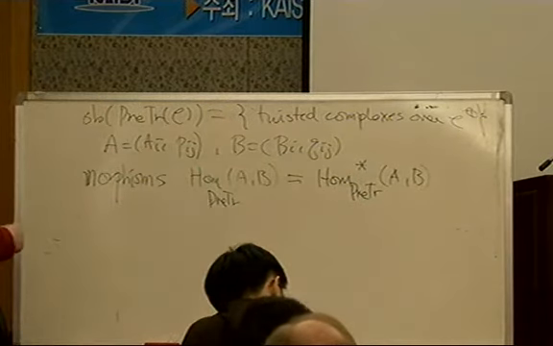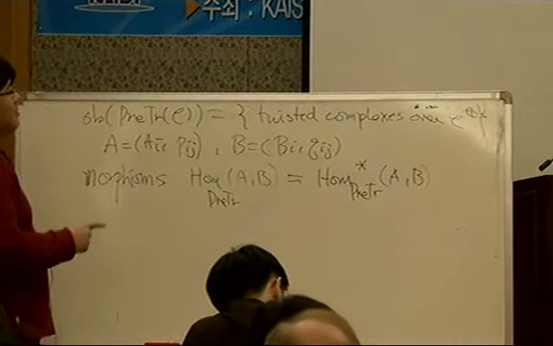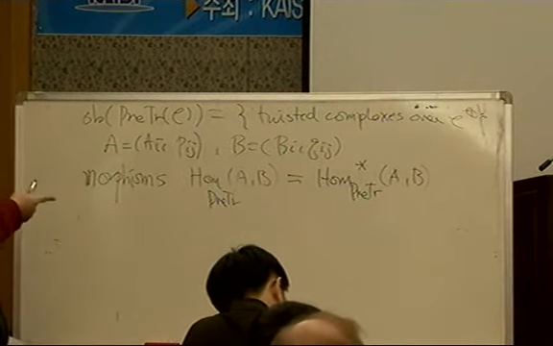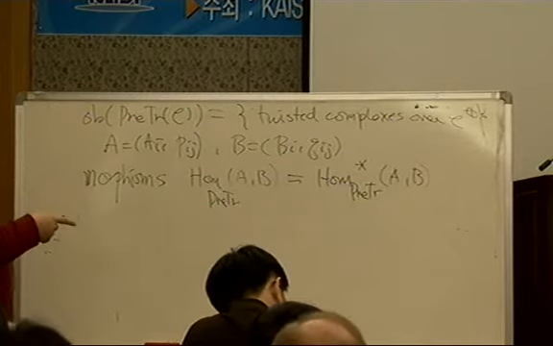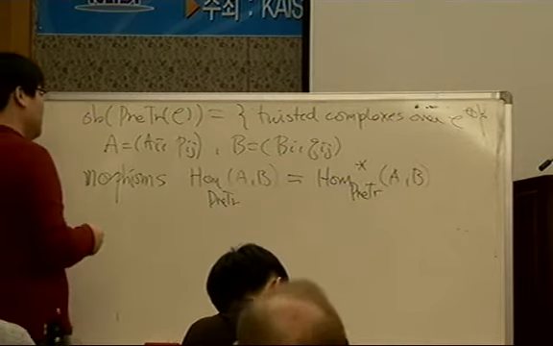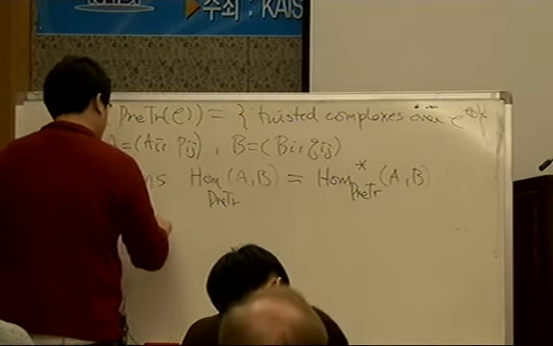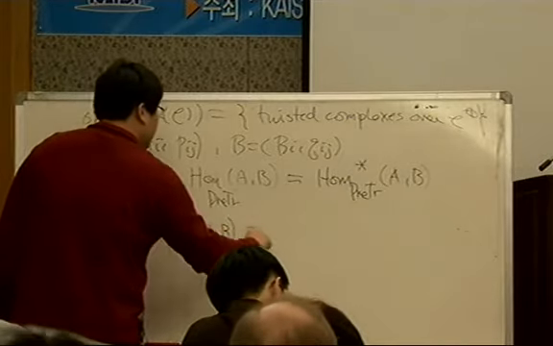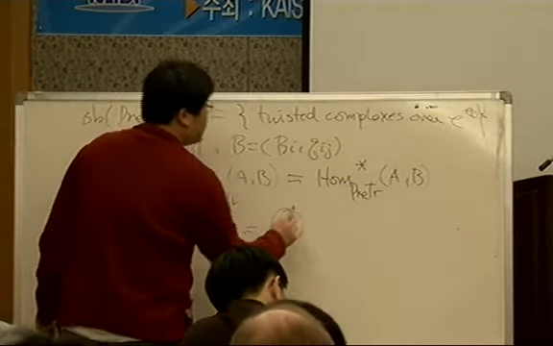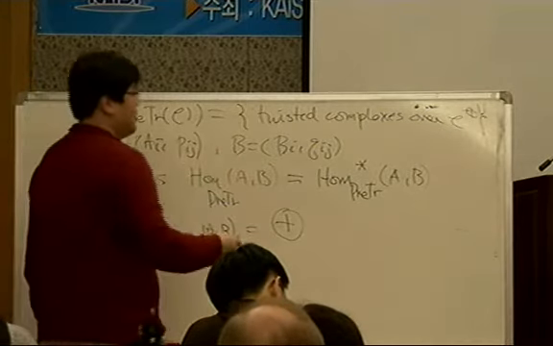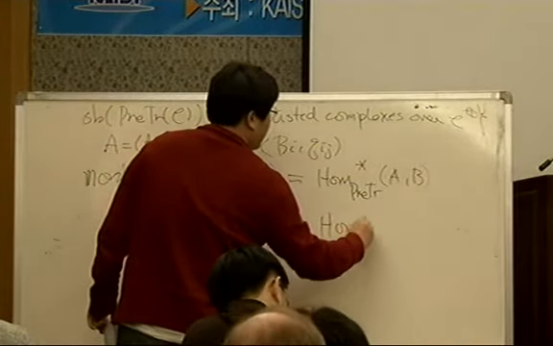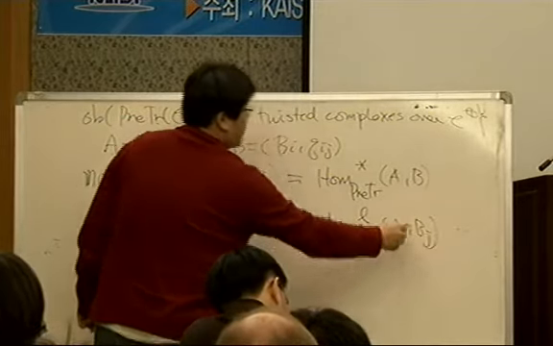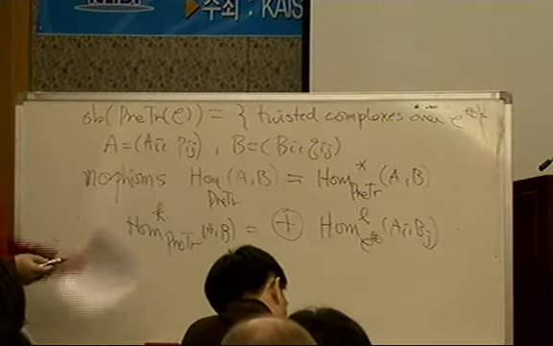But the definition of this one is something that makes people suffer a lot. By any chance, if you go back and try to look at the paper, it may take several days to see why he is doing this. So Hom^k in pre-Tr of A, B is defined as the direct sum of the complexes Hom^l in C+ of A_i to B_j, so A and B have a lot of objects in there already.